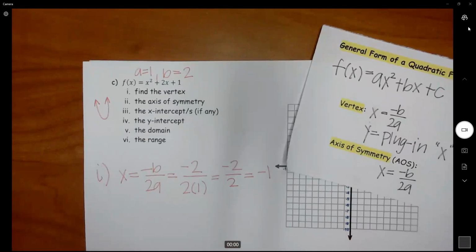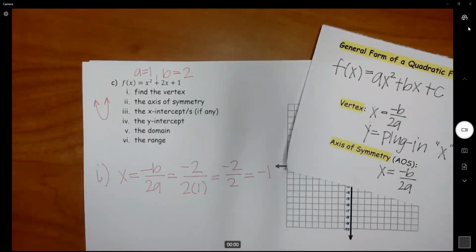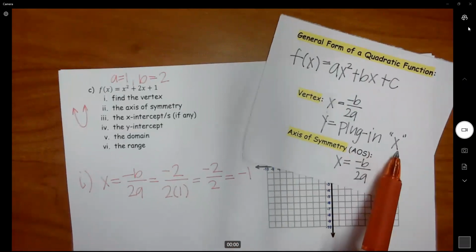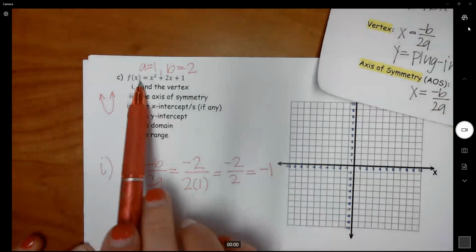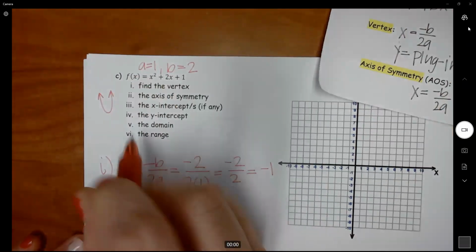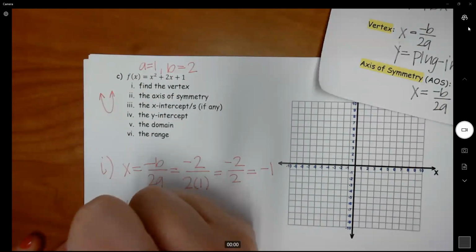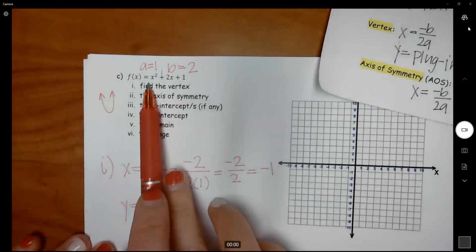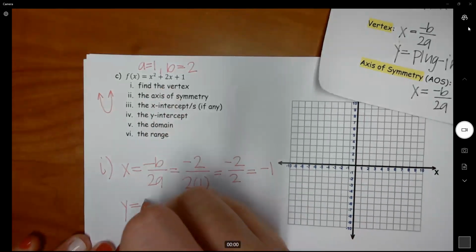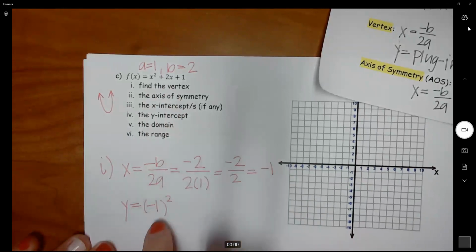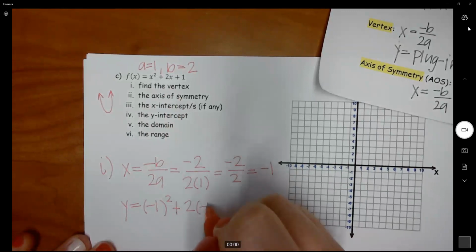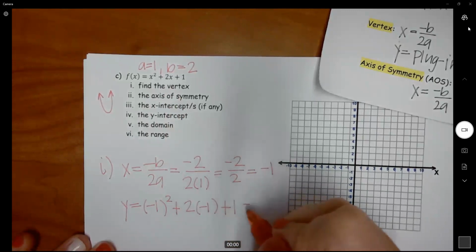Now that's only half of your vertex. Your vertex needs to be an ordered pair, x comma y. So you get your y by plugging in your x. So go back to the original equation here. And remember, f of x is the same thing as y. And now these two x's, replace those with negative 1s. So I've got negative 1 squared, that has to go in parentheses, plus 2 times negative 1 plus 1.